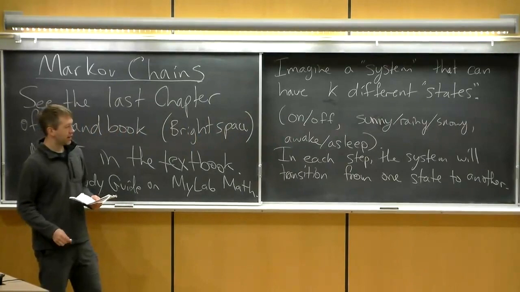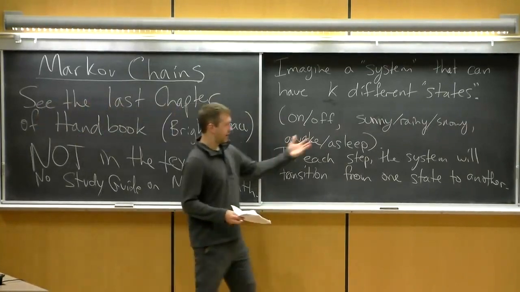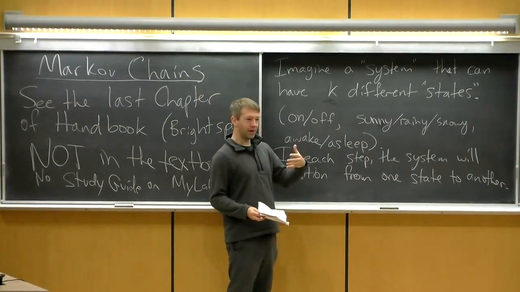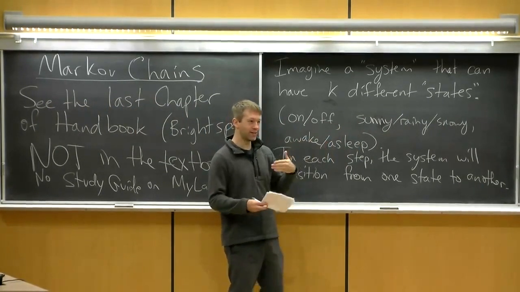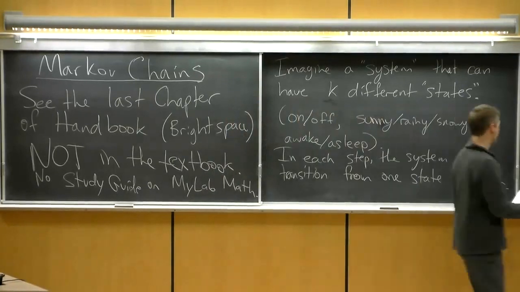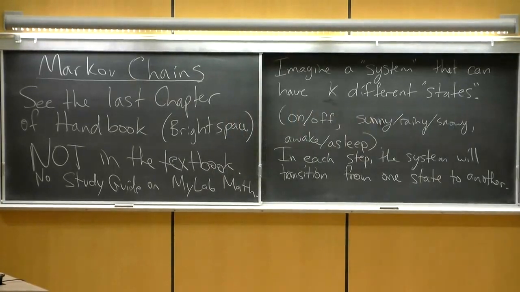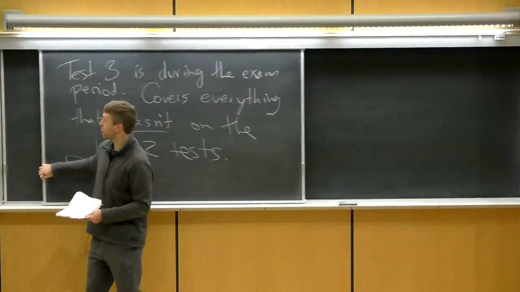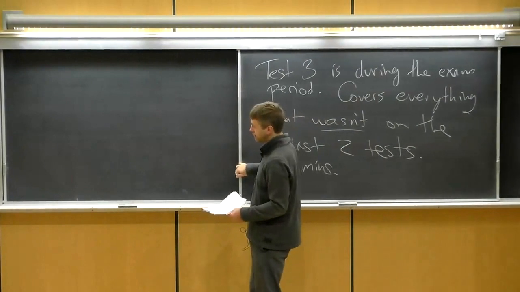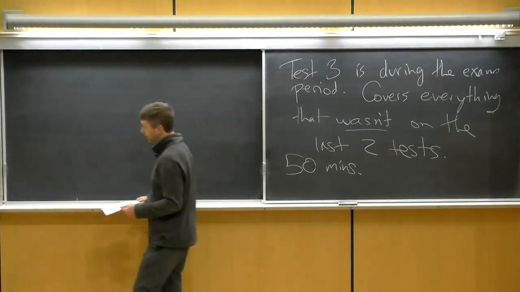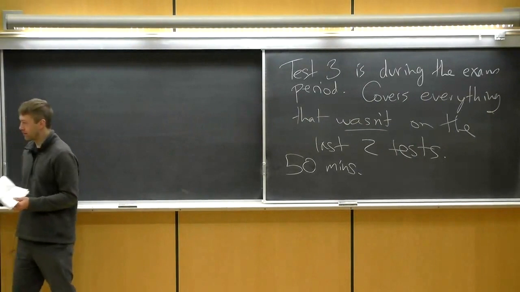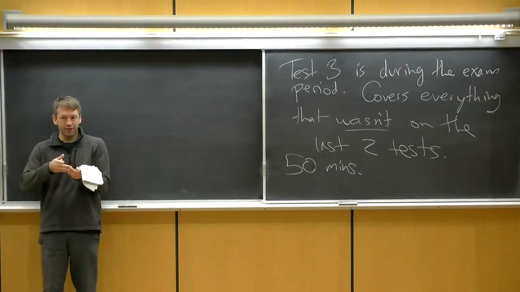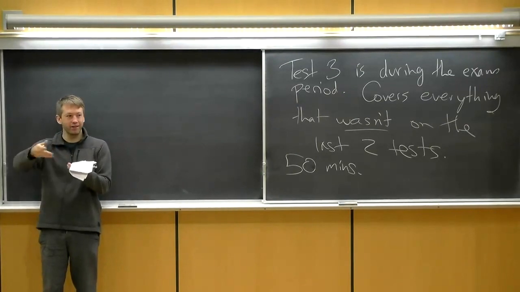If you think of this weather example, one day we'll have some kind of weather, and then the next day it'll transition to maybe some other type of weather. Or maybe you could even think minute by minute, the weather might change. The way we model this is, whatever state you're in, there'll be a certain probability of changing to any other possible state.